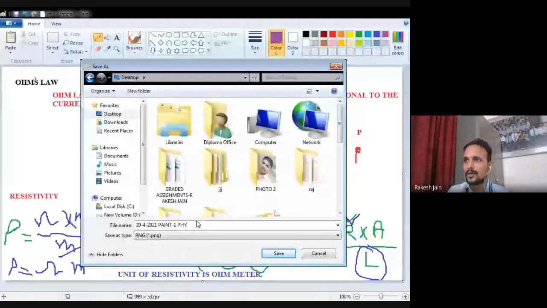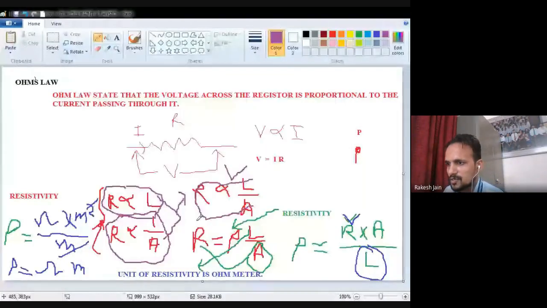Now, after this, I want to show you the new thing. Yes, the numericals which we want to do on Ohm's law.